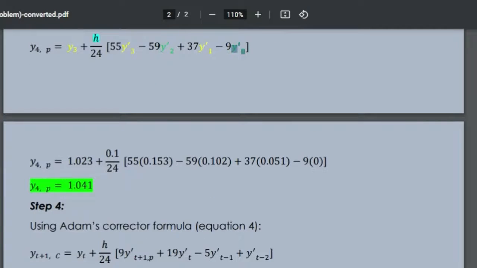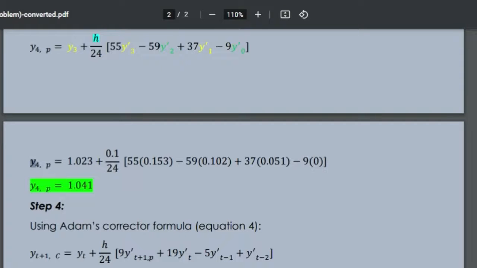So we plug in the designated values for the variables. So y sub 4 p equals 1.023 plus the h, guys, which is 0.1 over the constant 24, times 55 times y prime sub 3, which is 0.153, minus 59 times y prime sub 2, which is 0.102, plus 37 times y prime sub 1, which is 0.051, minus 9 times y prime sub 0, which is 0.